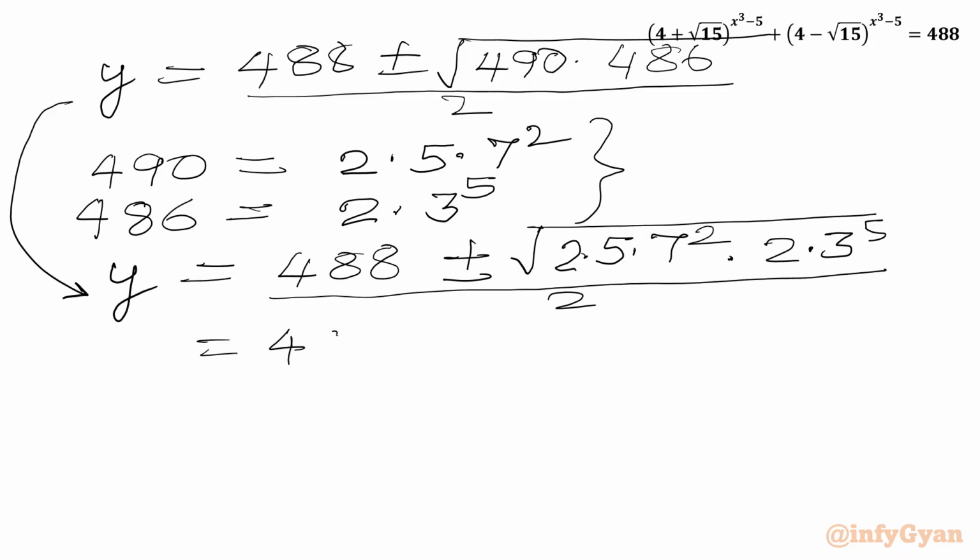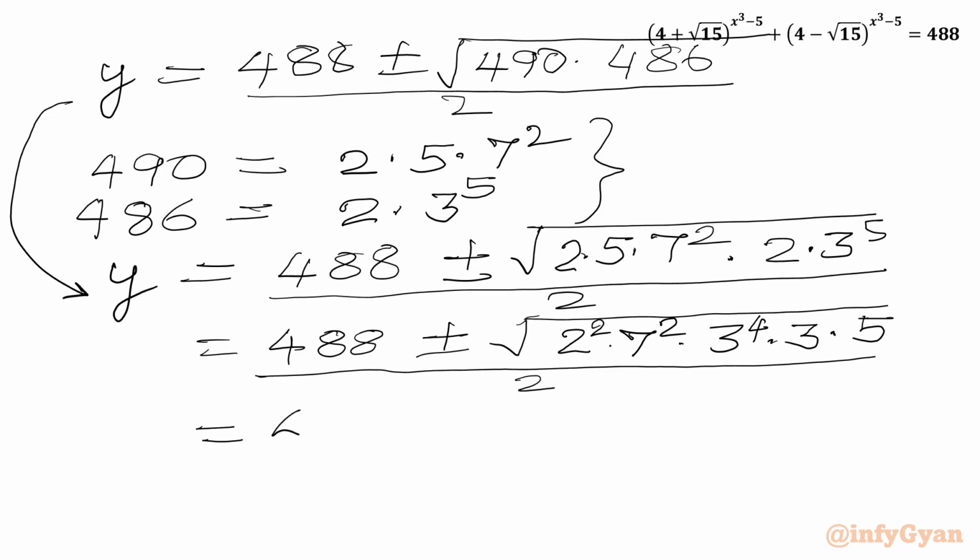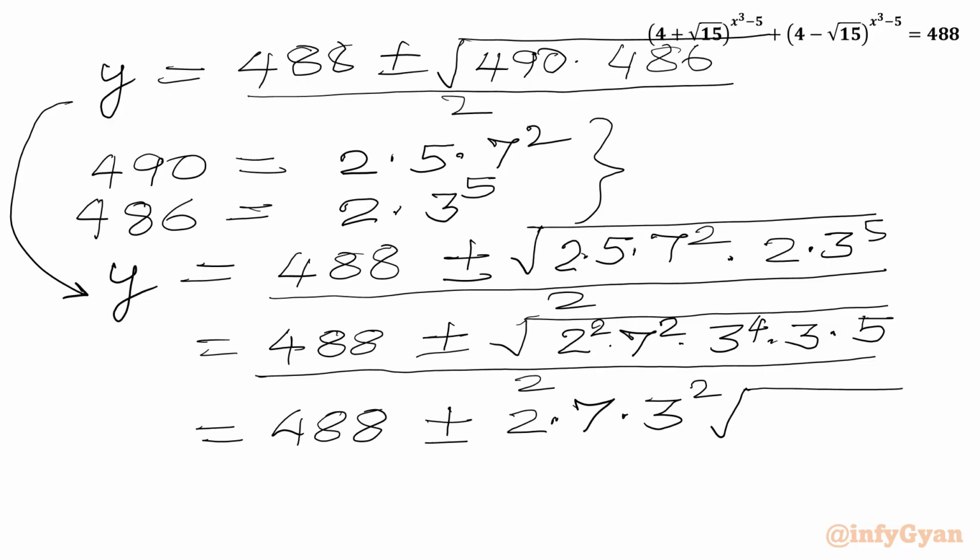Or I can write 488 ± √ of: 2 is there 2 times, so we'll write 2²; 7 is there 2 times, 7² is already written; 3^5 we will write as 3^4 times 3; then we have 5, over 2. This will be equal to 488 ± 2 times 7 times 3² √(3 × 5), so let me write √15 directly, over 2.